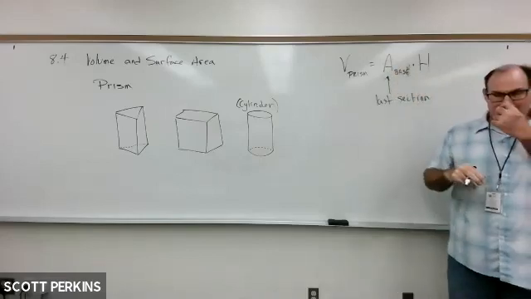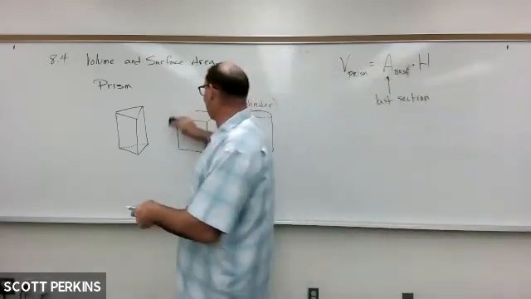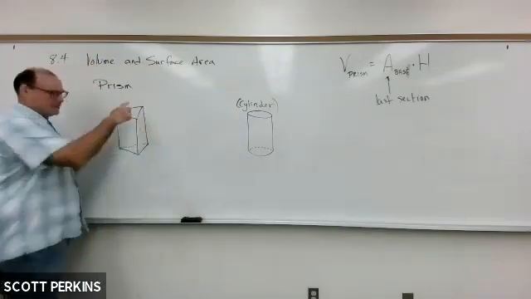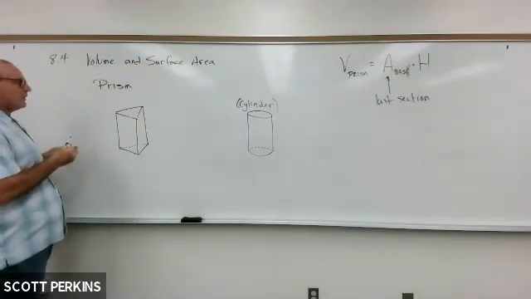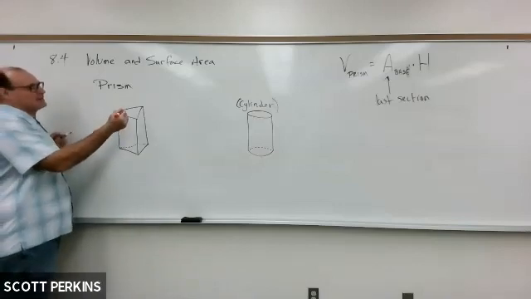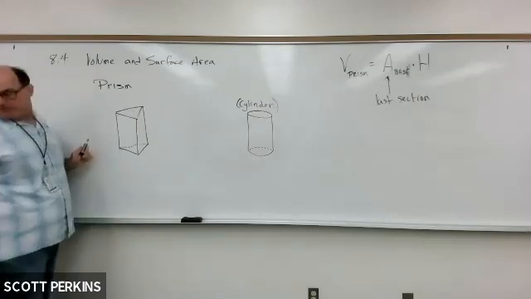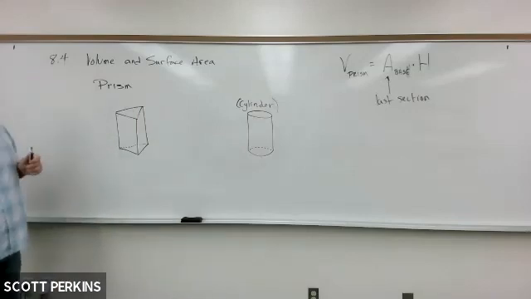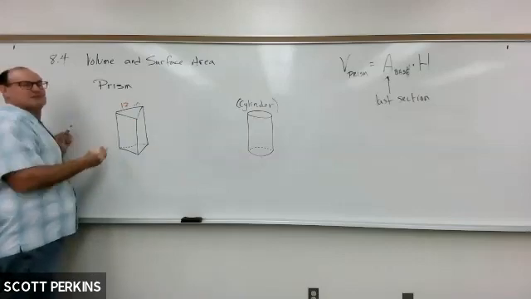So for instance, here's going to be an example by me. So let's say I have this triangle right here, this triangular prism, and I know the following. I'm going to give some dimensions right here. Let's say that I know that this side right here is 12 inches.